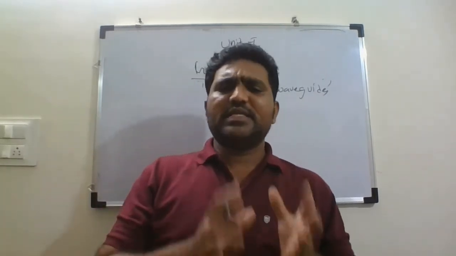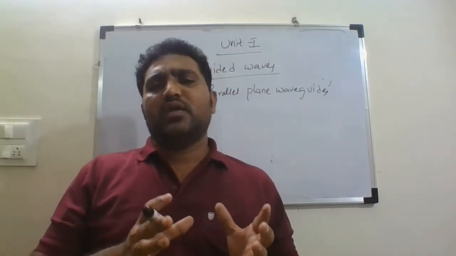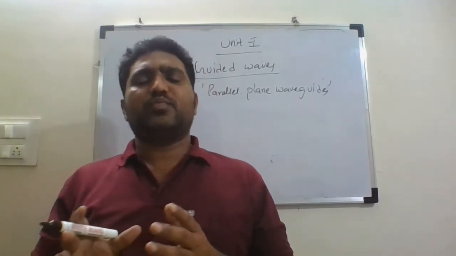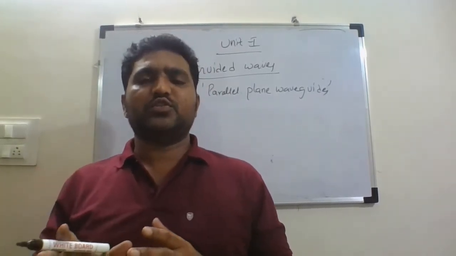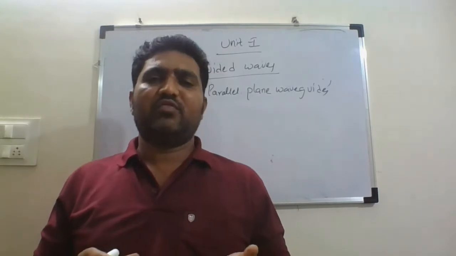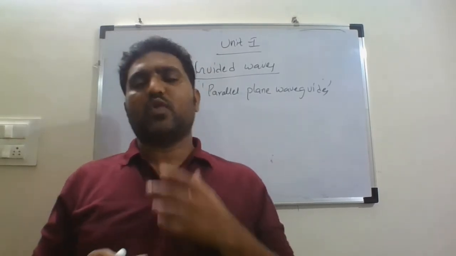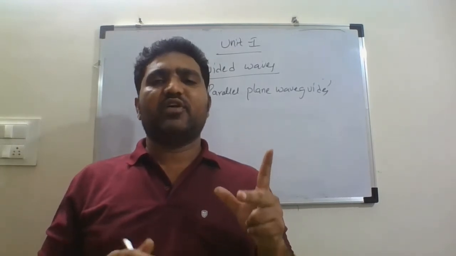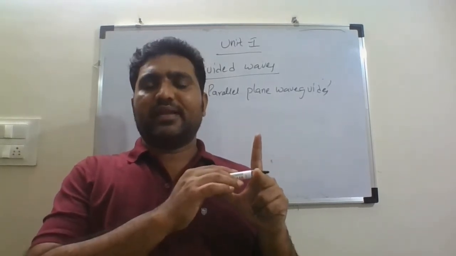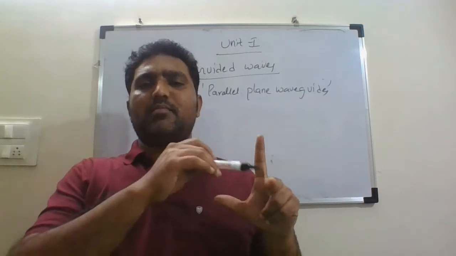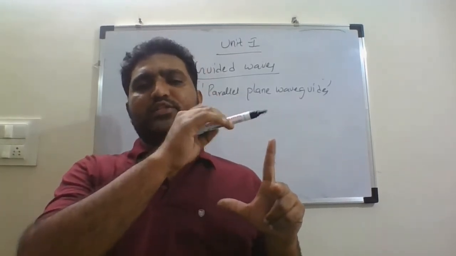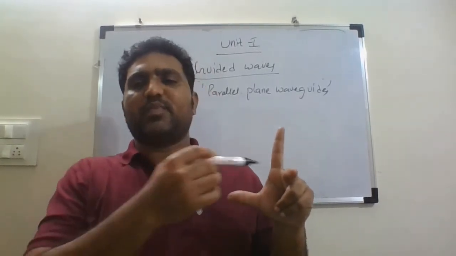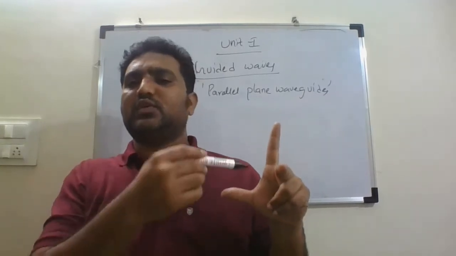Okay, and this electromagnetic wave, we have assumed to be present only in particular directions, which we call uniform plane waves. So that also we discussed, what is a uniform plane wave. An electromagnetic wave in which the electric field E bar is only along one axis, the magnetic field is only along one direction, and the resultant wave is perpendicular to the two directions.